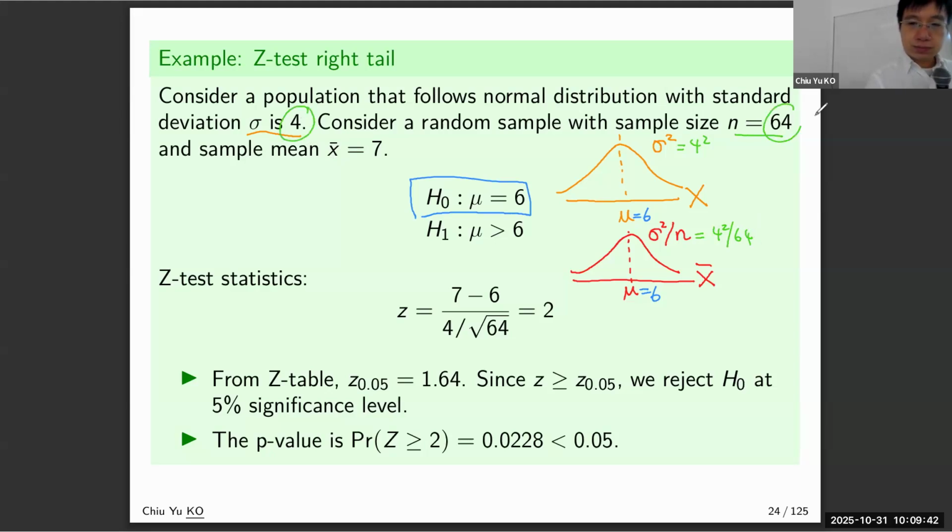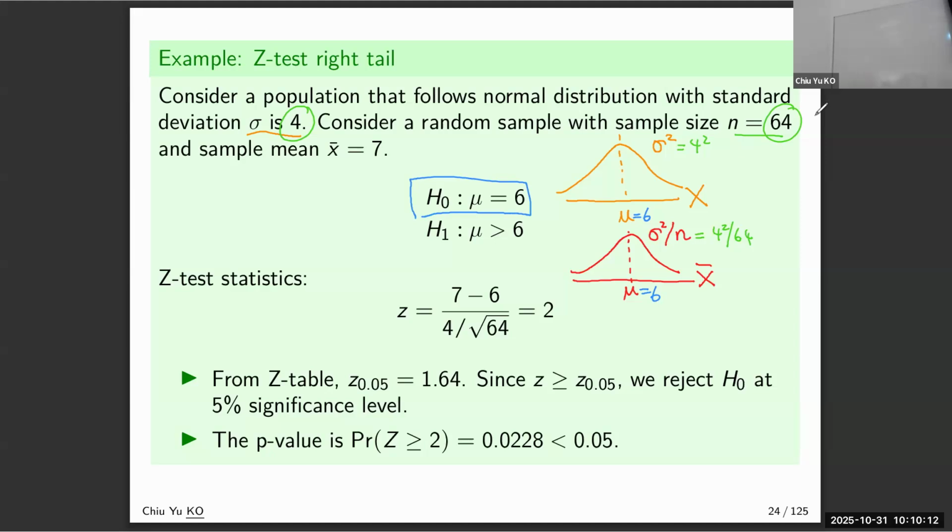The question is, our data tell us that the sample mean is 7. And the question is, is it sufficient to support our alternative hypothesis, mu bigger than 6, or not? In other words, is the difference between 6 and 7 large enough so that we say 7 is sufficiently large to support that it's no longer 6.